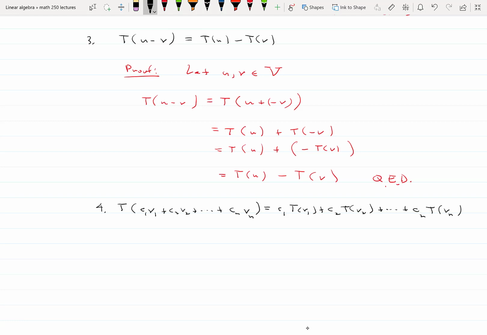So what does T preserve, if we're going to use the concept of preservation? Remember, T preserves addition and scalar multiplication. T preserves linear combinations. Linear combinations in one space, V, get turned into linear combinations in another space, W.